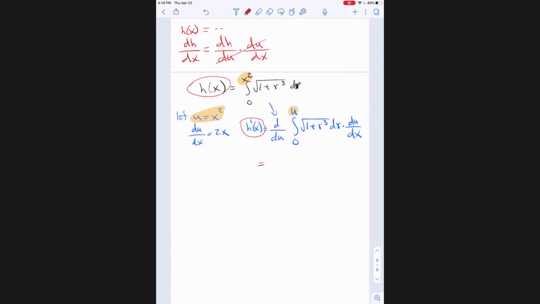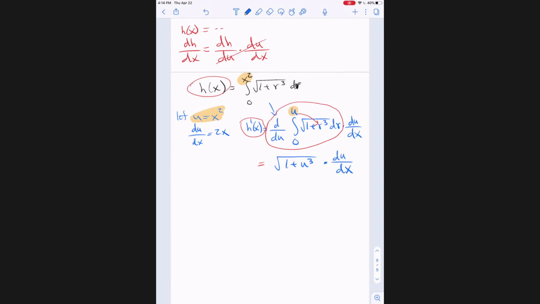So this part right here, you just shove u in here, just like all the other ones. So you get the square root of 1 plus u to the third, and then you still have the times du over dx.